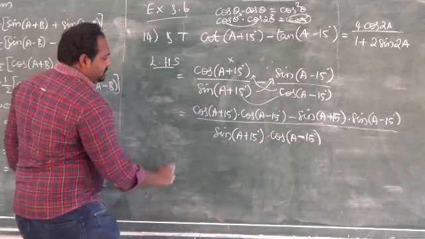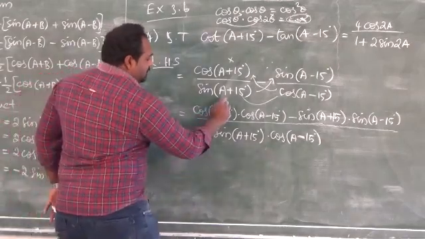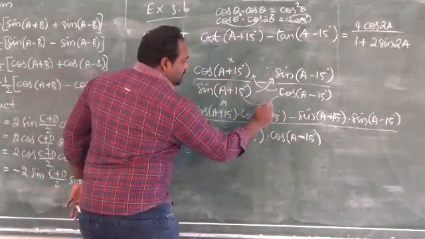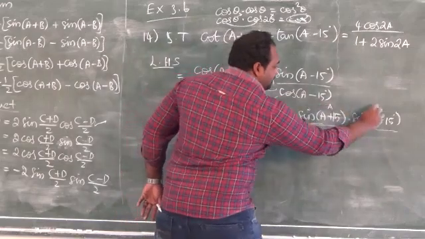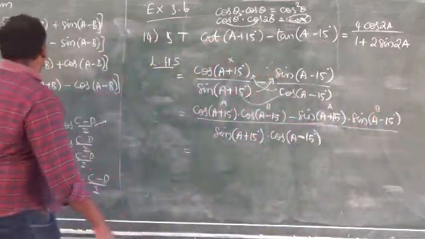After that, I am going to consider this as cos A cos B, this as sin A sin B, using the product to sum formula.